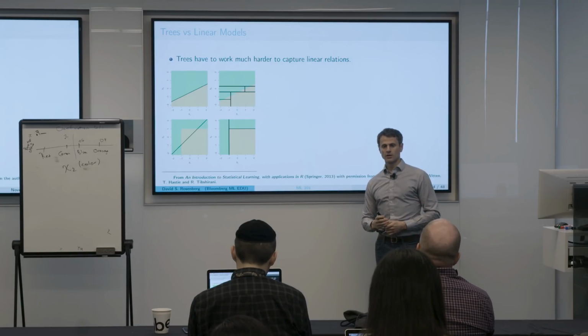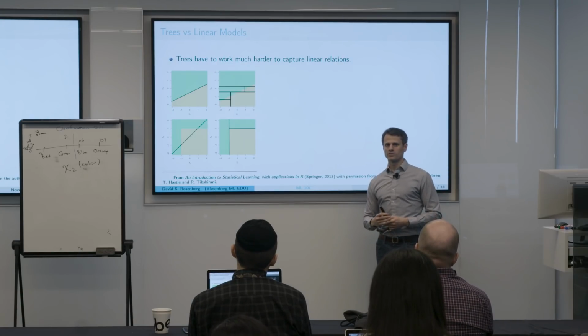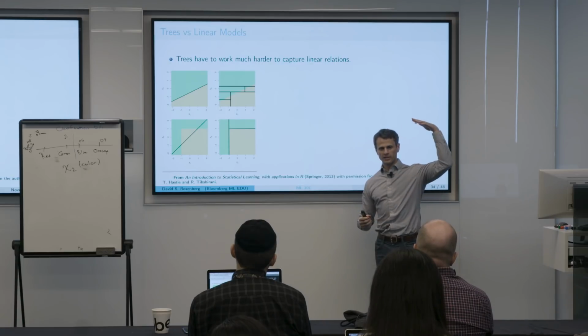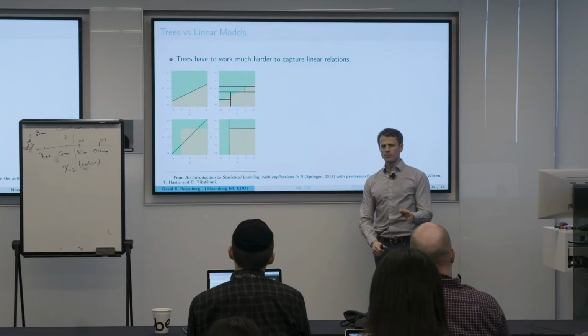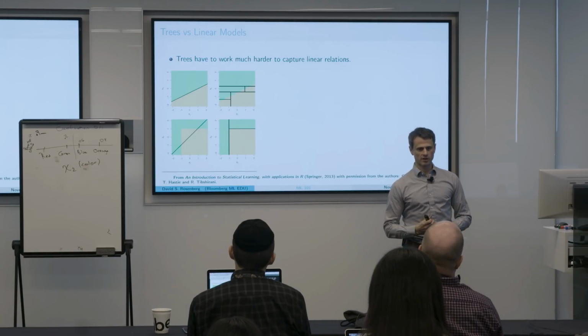Yeah, absolutely. You might want to adapt your splitting accordingly. You may not want things that are close to each other in an average sense. You may want things that are close to each other from a slope sense, I guess. I don't remember if there's a name for what you're describing. Not sure.